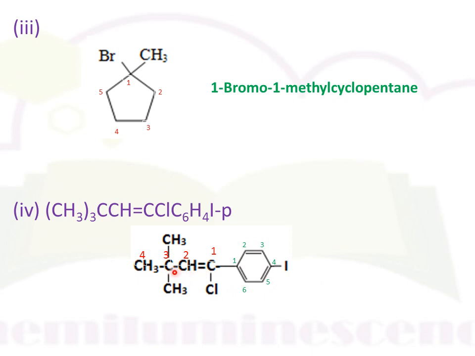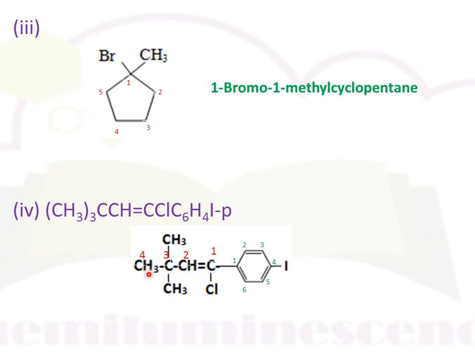Now the next substituents are two methyls, which are present at the 3rd carbon. Hence their name is 3,3-dimethyl. Now collect all these fragments, the names of all these substituents. The name comes as 1-chloro, 1-(4-iodophenyl) in brackets, then 3,3-dimethyl, and then the name of the alkyl part.